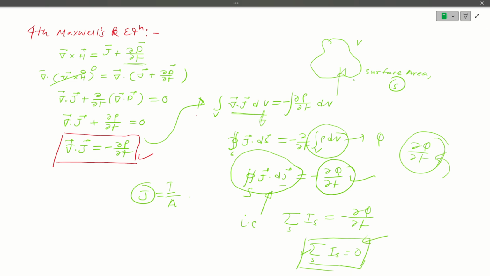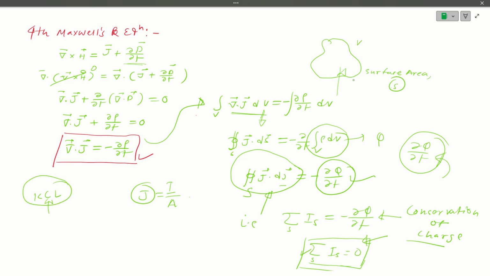So it gives the corresponding conservation of charge, since dq/dt equals 0. Now again we know KCL, that is the Kirchhoff's current law.